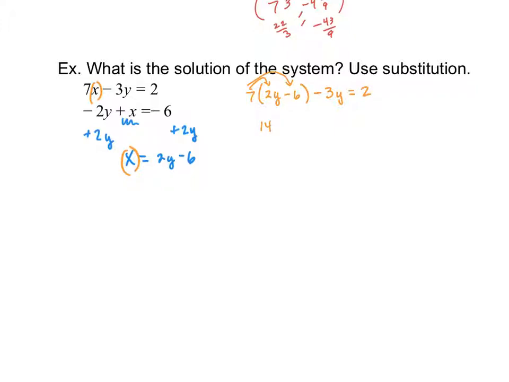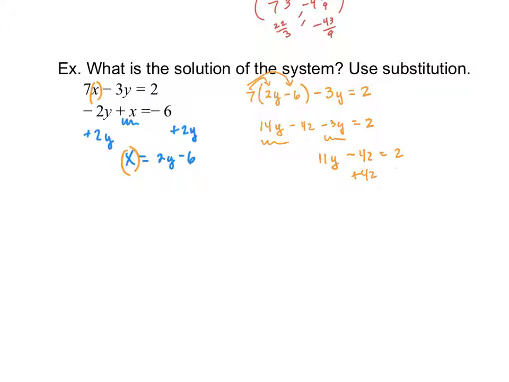That's going to end up being 7 times 2y is 14y, minus 7 times 6 is 42, minus 3y equals 2. And we can combine like terms. We have our variables that we can combine here. So that turns out to be 14 minus 3, which is going to be 11y. 11y minus 42 is going to be equal to 2.